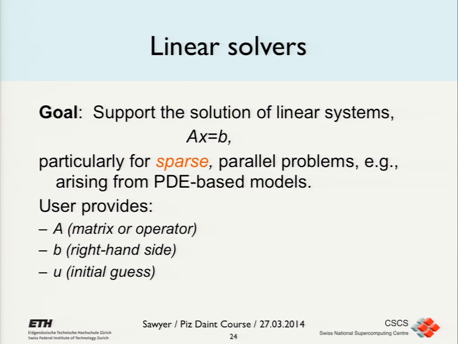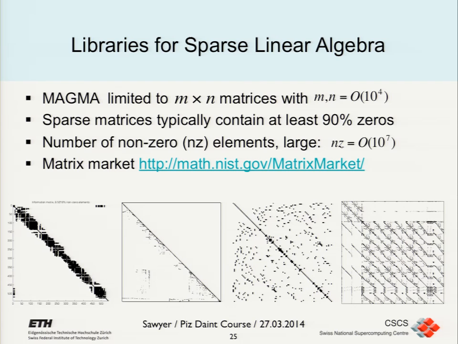So let me move on to sparse linear algebra, right? So linear algebra, you've seen this probably hundreds of times. A matrix times a vector is equal to a right-hand side. We're generally interested, at least when you're talking about partial differential equations, A is a sparse matrix.